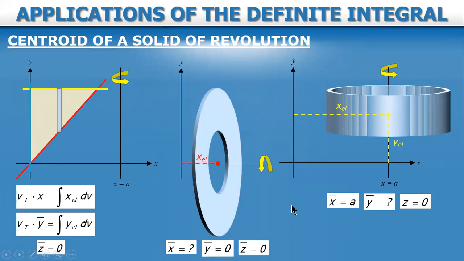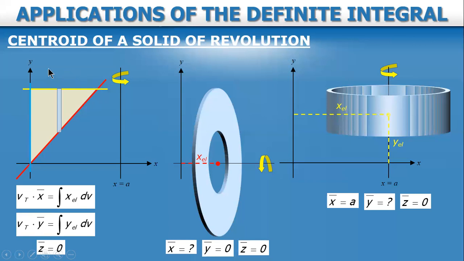So y bar is equal to -2, and we only solve for x bar, because the axis is horizontal. But if the area is revolved about a vertical axis, we solve for y bar. X bar is whatever the x value of the line is.